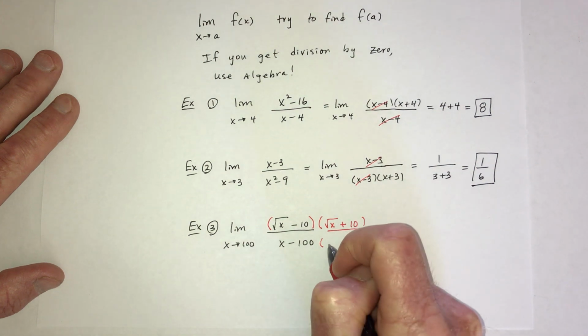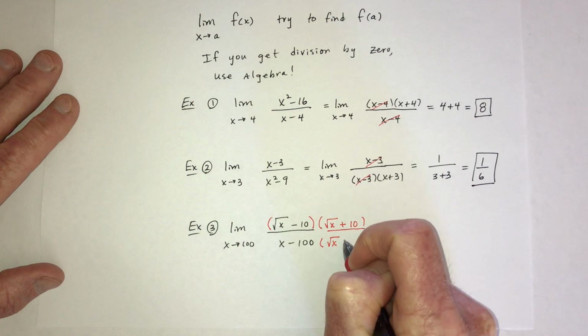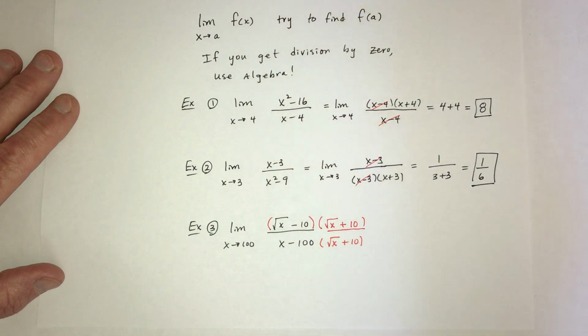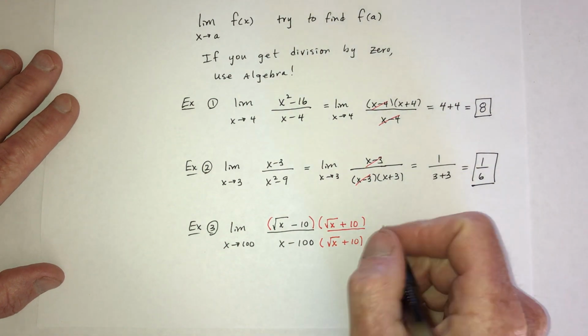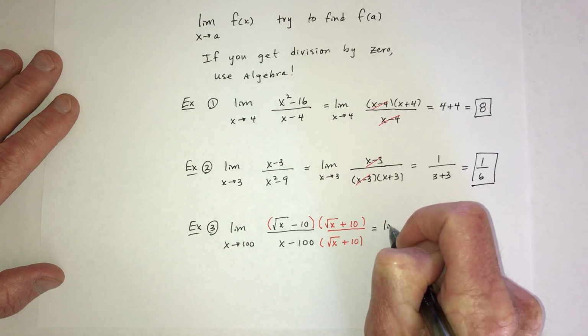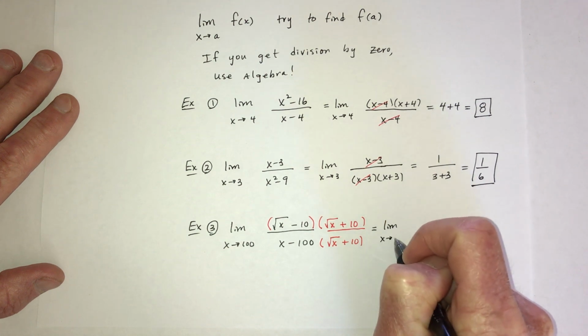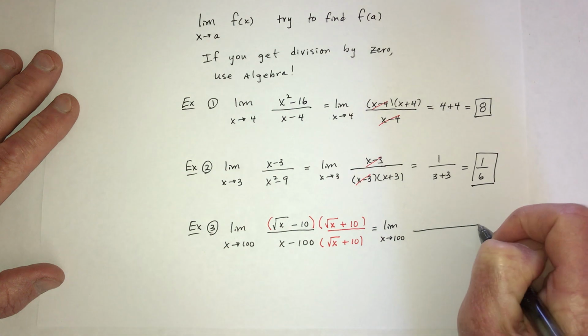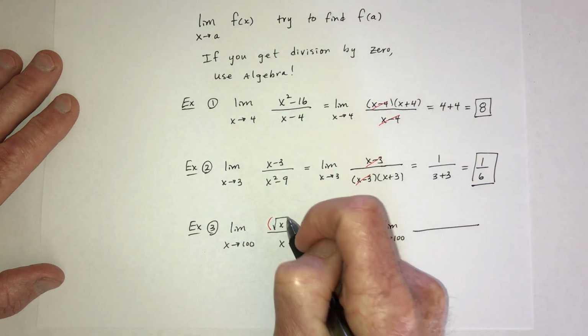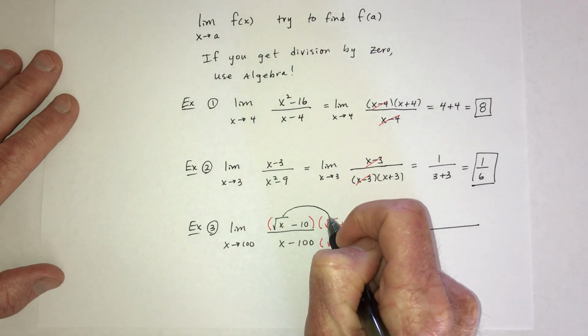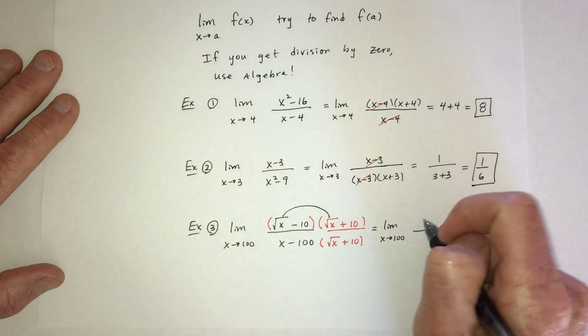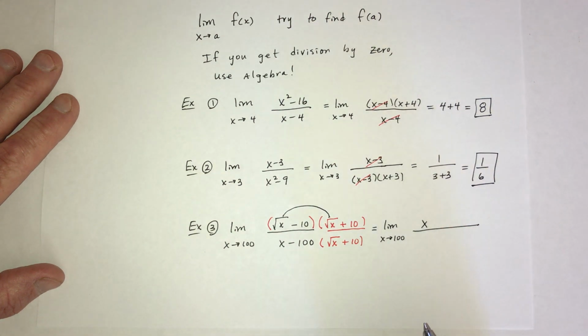And if you multiply the top by it, then you need to multiply the bottom by the exact same thing. And then it's going to say the limit as x approaches 100 and multiply out the top. So there's going to be the square root of x times the square root of x. That will just be x.